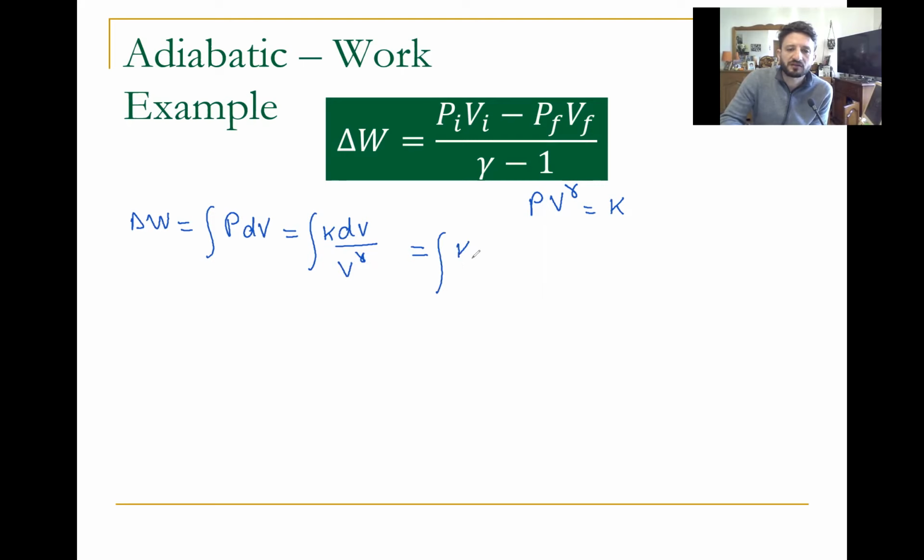Here we can write the integral of this one. Okay, let me write it like this: the integral of V^(minus gamma) dV equals K V^(minus gamma plus 1) divided by (minus gamma plus 1).